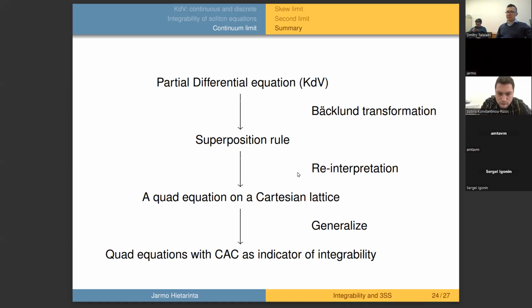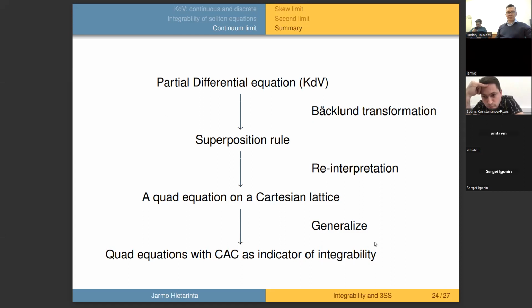Then we reinterpreted this superposition rule as a quad equation on a Cartesian lattice. Then we generalized to any kind of quad equation with this consistency around the cube as an indicator of integrability. And once we are there, then the classification means an explosion of research at this level.